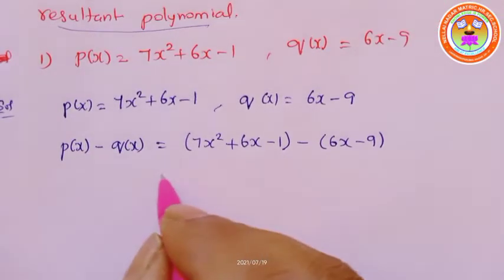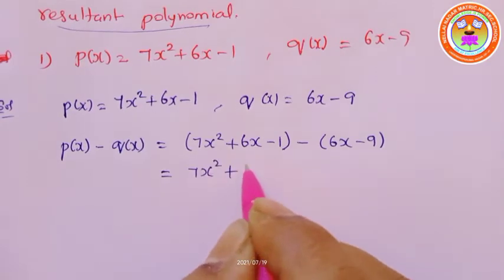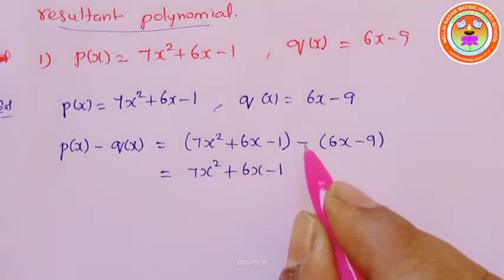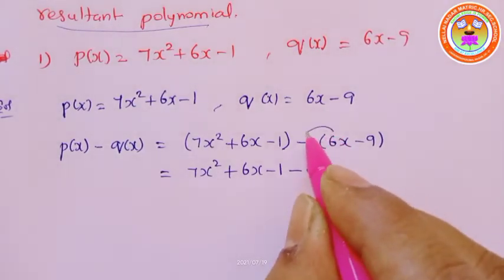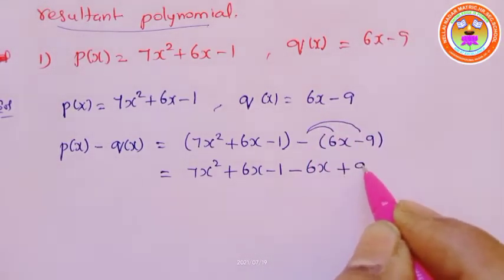Now 7x squared plus 6x minus 1, minus into plus is minus 6x, then minus into minus is plus 9.